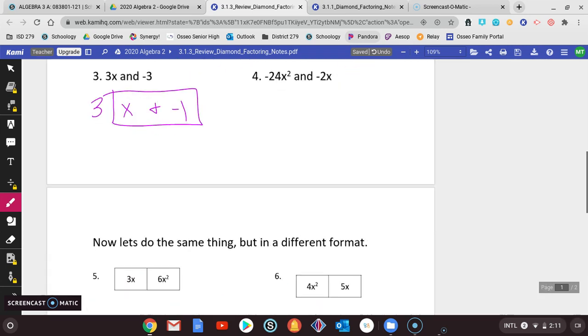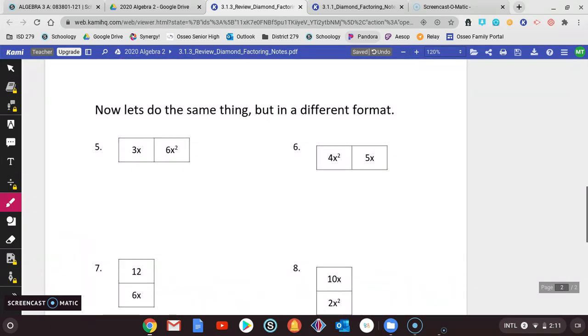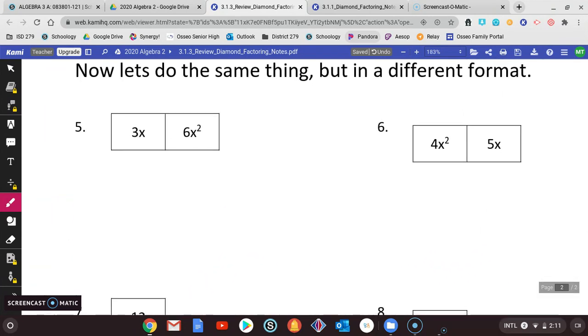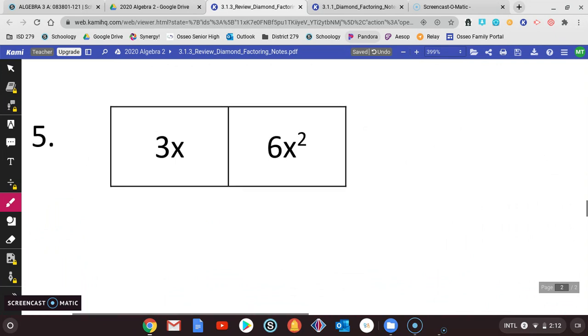So now we're going to do the same thing, but in a different format. You might have done this in class, but this is just a little review. So if you see a box like this, and if you need to put it in here, is 3 times x, 3 times 2 times x times x. So then you can see exactly the different GCF.